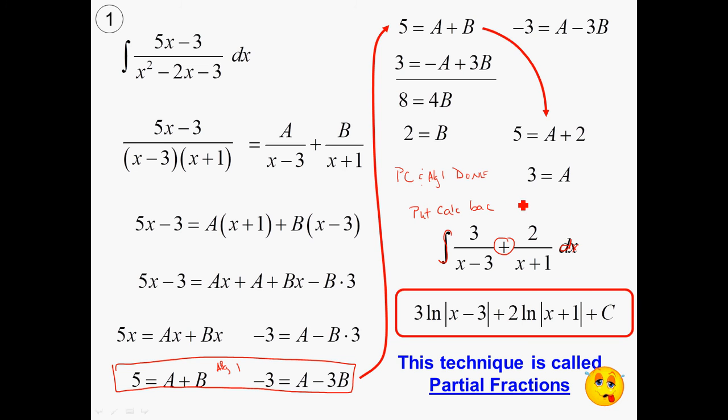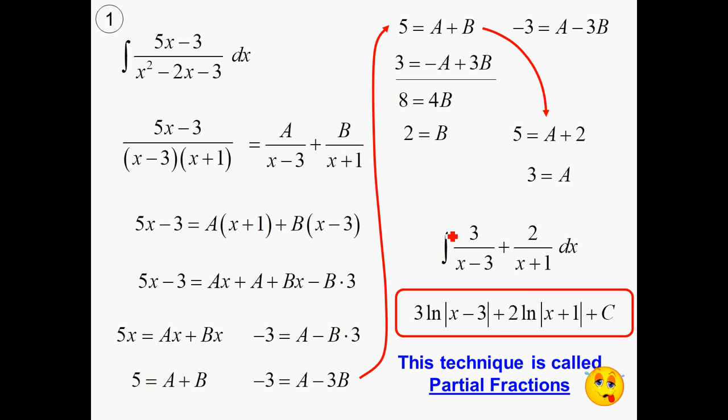Where can I do this where I've got some more room? So how I did this was 3 times the integral of 1 over x minus 3 plus 2 times the integral of 1 over x plus 1. U for this one: u is x minus 3, du is dx.